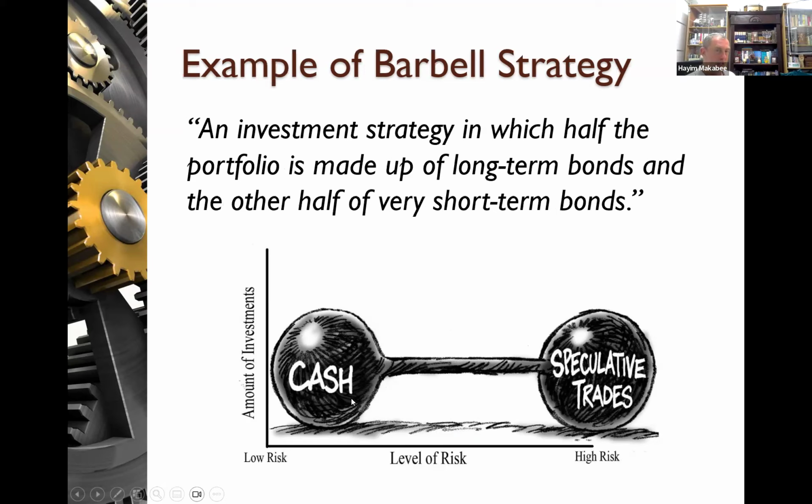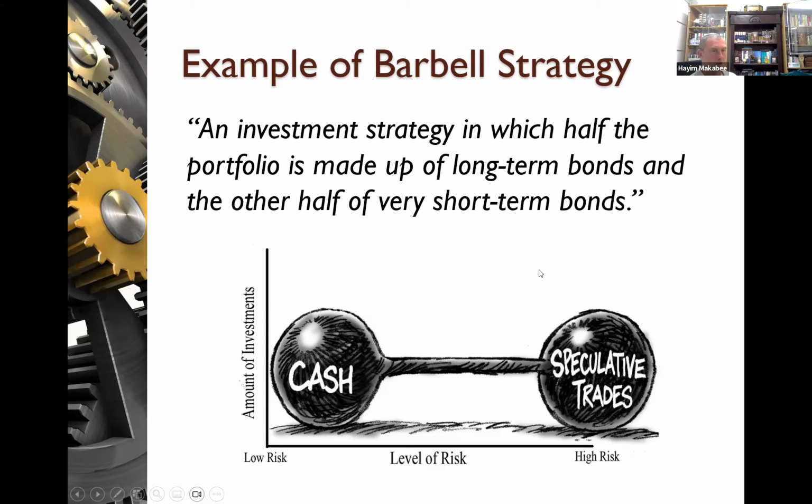So the low risk is having cash in the bank, and the high risk is to do something that is speculation, like the stock market, or something worse like cryptocurrencies.